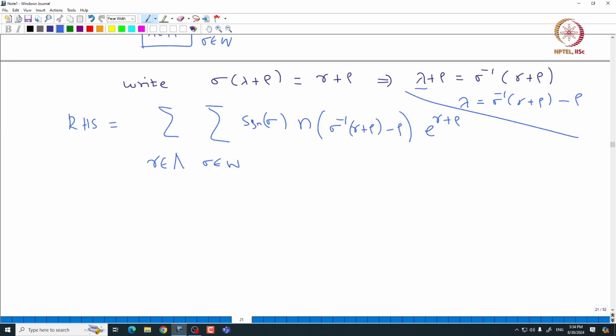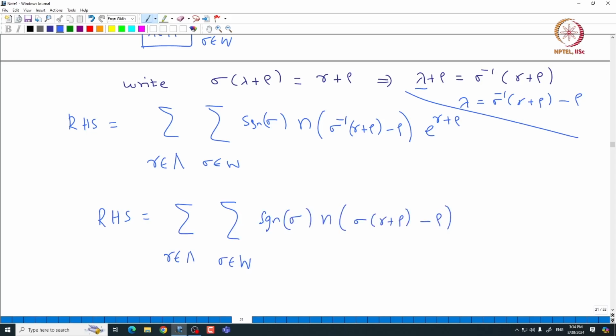But now this can be again massaged a little bit, because sine of sigma is same as sine of sigma inverse. So, using that you can rewrite this as summation gamma in capital lambda summation sigma in W sine sigma n of sigma gamma plus rho minus rho e power gamma plus rho.